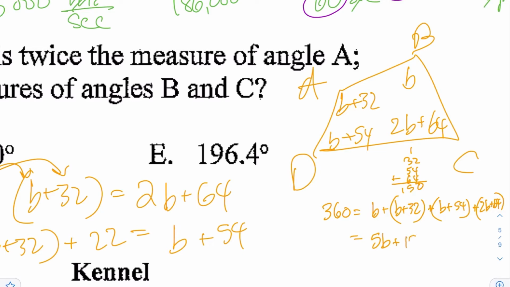And that's 5B plus 150 is equal to 360. So you subtract 150 from both sides. You get 210 is equal to 5B, and you can divide by 5. And you get that B is equal to 42.